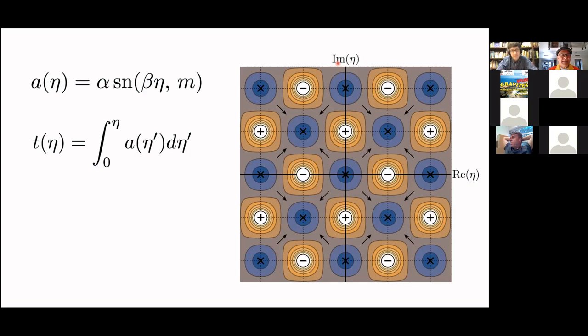But now if we want to take the integral of a d eta from eta equals 0 to eta, that integral is going to depend on how we go around the poles of this function. So in this function, the middle of every blue circle is a 0, but the middle of every white circle is a pole, and the poles with positive residue are marked with a plus here, and the poles with the opposite negative residue are marked with a minus.